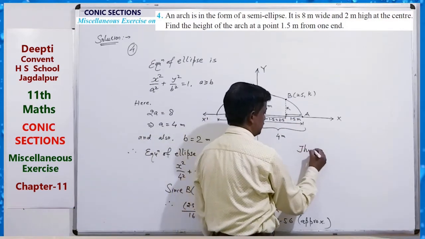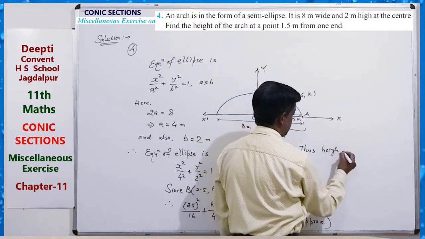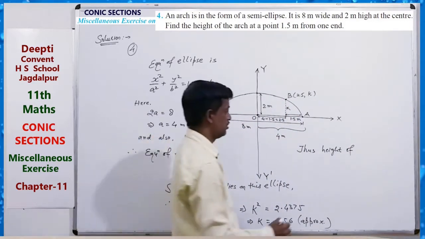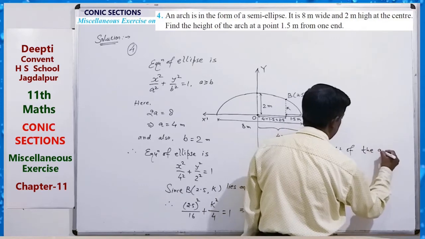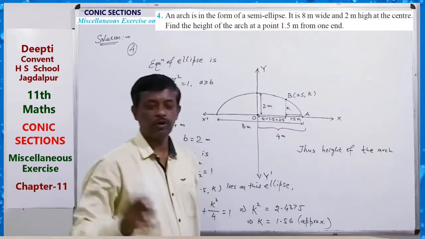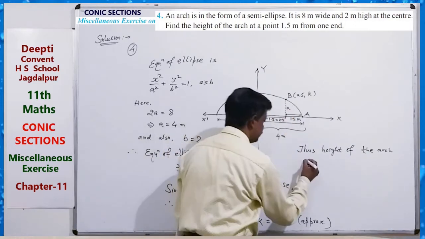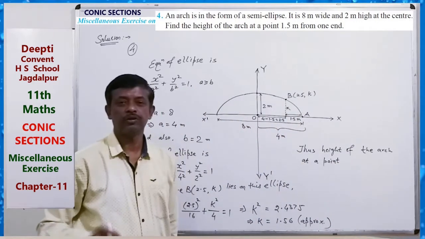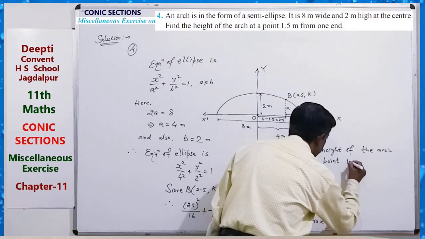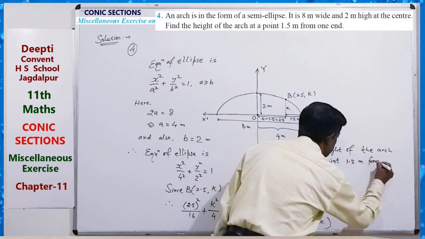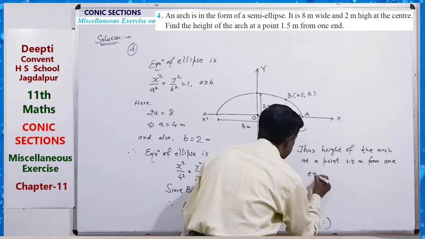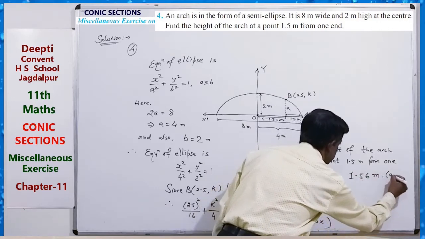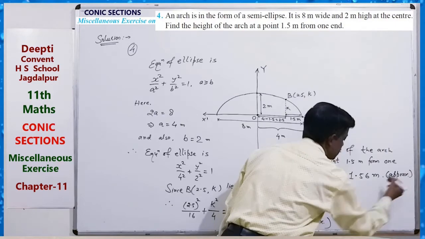Thus, the height of the arc at a point 1.5 meter from one end is 1.56 meter approximately.